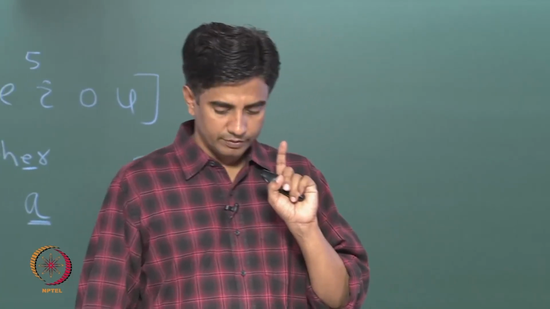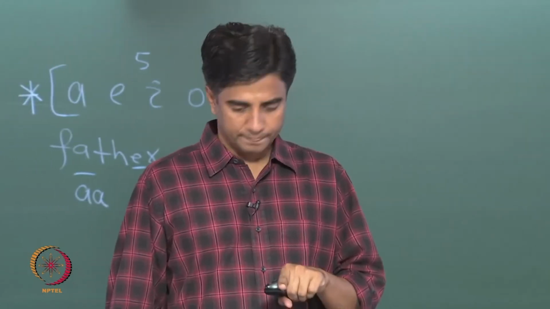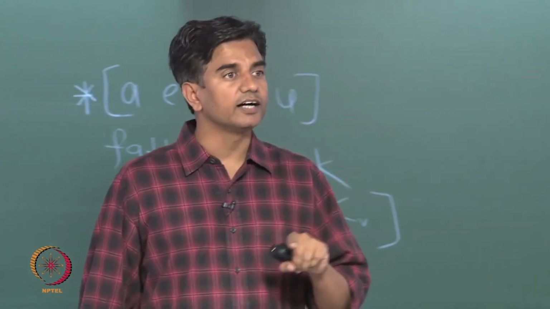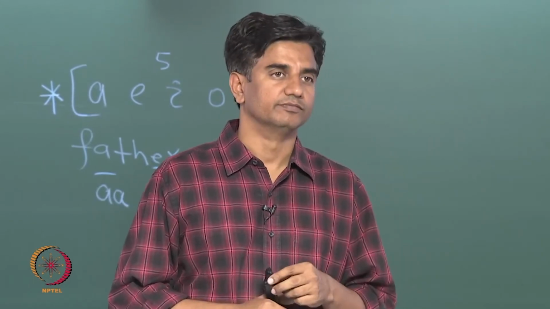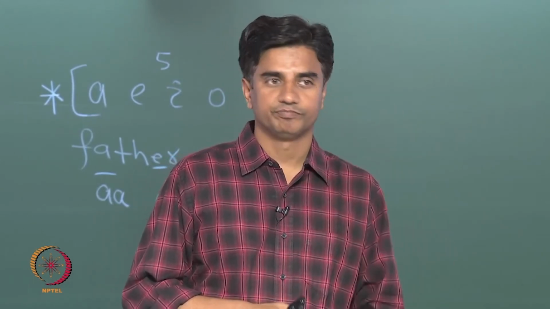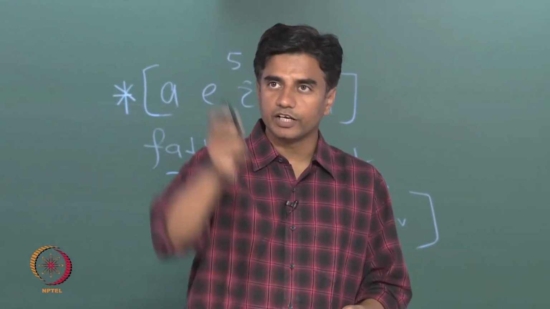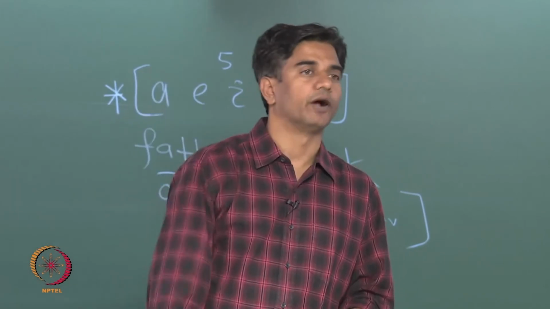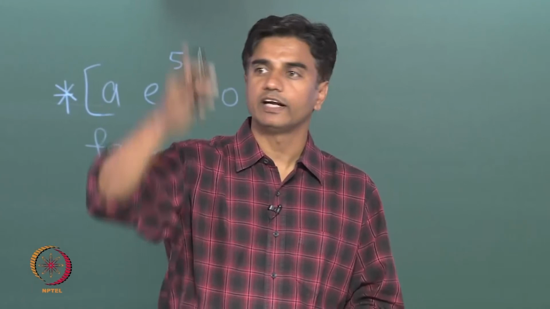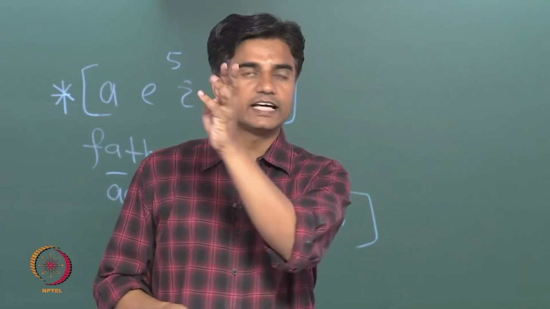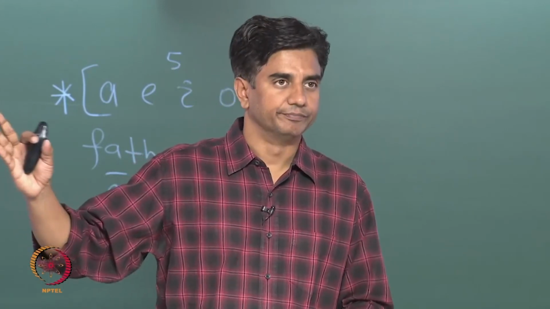What is another interesting point with these vowels is, what would be the place of articulation for a in the oral cavity? That is to say, if we divide it, let us say, in 3 parts vertically, and we say front part, mid part and back part.